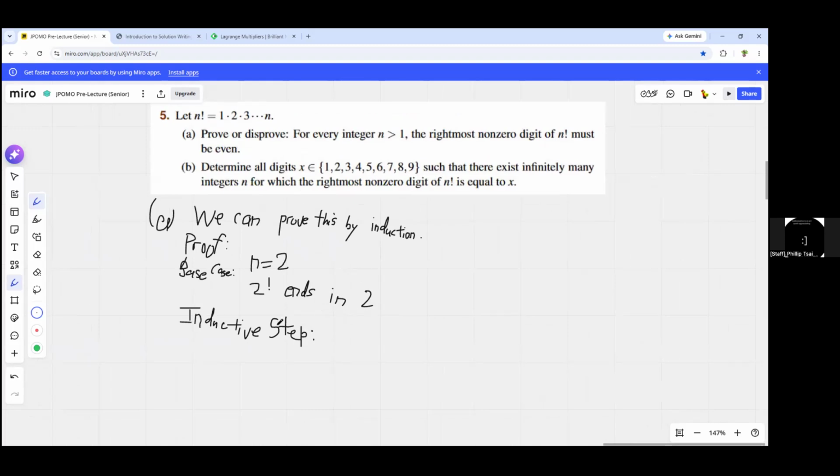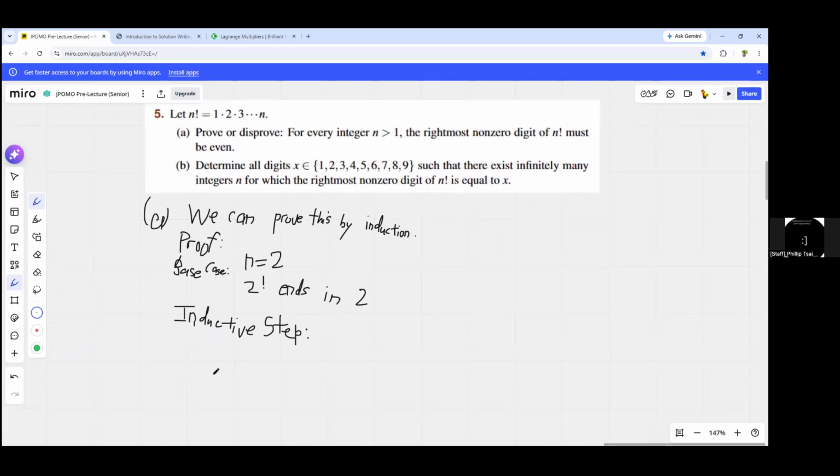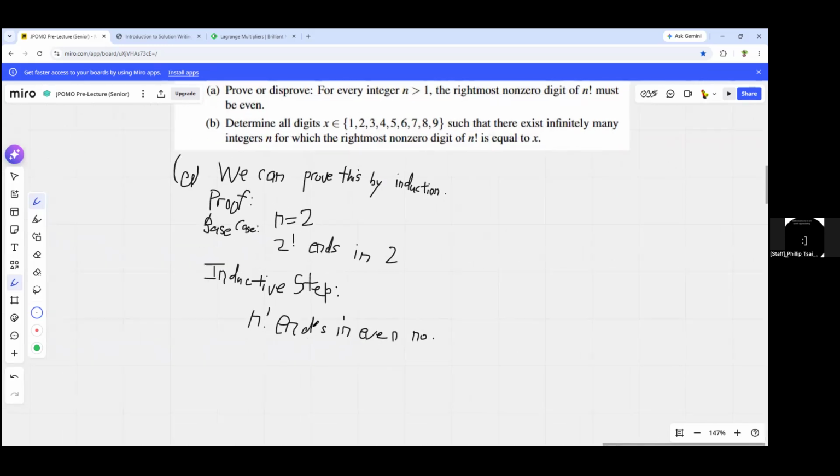So in this case, given that n factorial ends in an even number, then we can multiply to get n plus one factorial.